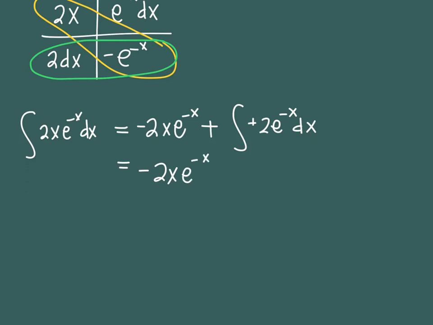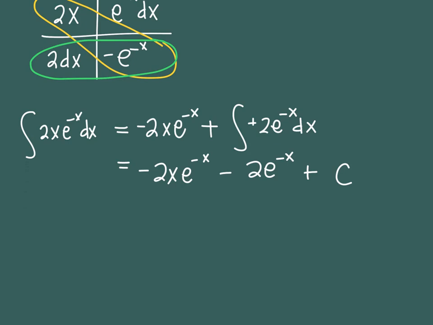Then I do my antiderivative one more time, which is plus 2e to the negative x divided by negative 1 and divided by the natural log of e, which I can clean up and would much rather write as minus 2e to the negative x, and then plus c on the end.